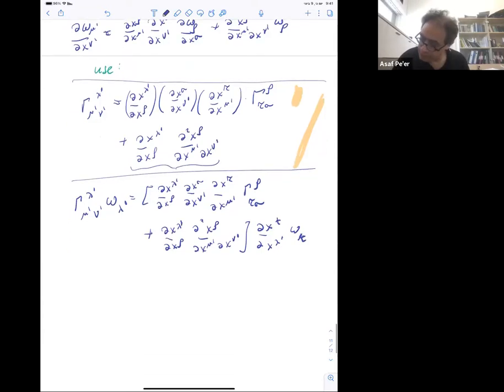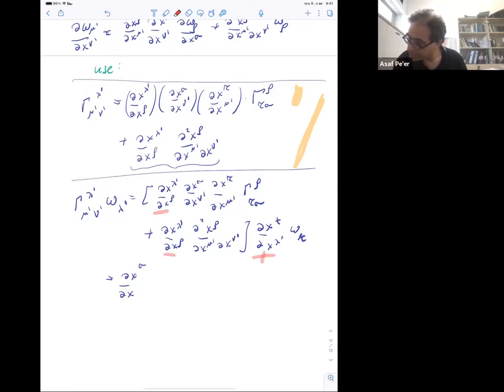So again, this is dx sigma over dx mu prime, dx tau over dx mu prime. Again, I'm using here a delta function, right? This is a delta function, and this is a delta function. So this is just gamma.